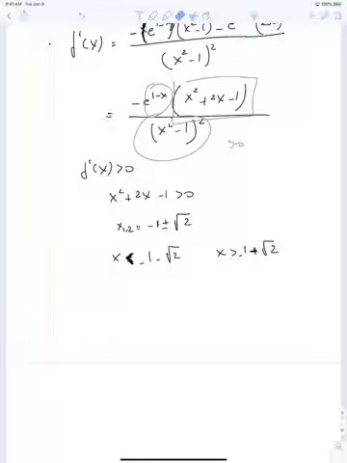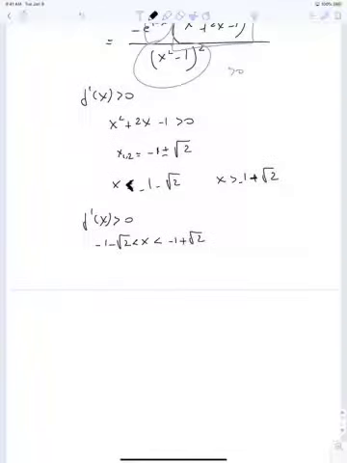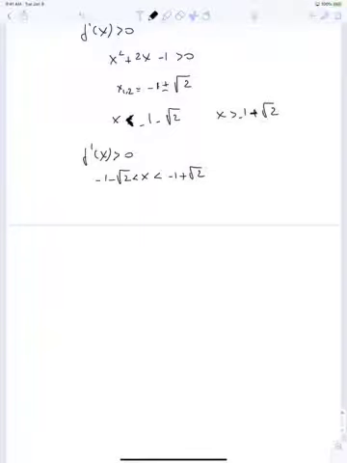So f prime of x is positive when x is in between minus 1 minus the square root of 2 and minus 1 plus the square root of 2. You can check the calculations later if you want, but essentially we have that the function decreases.